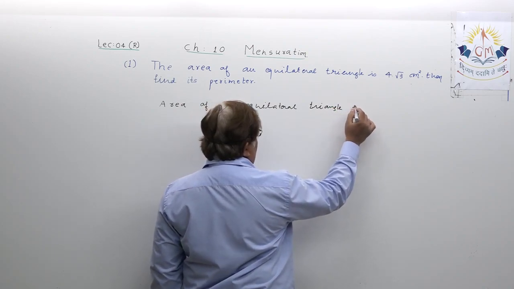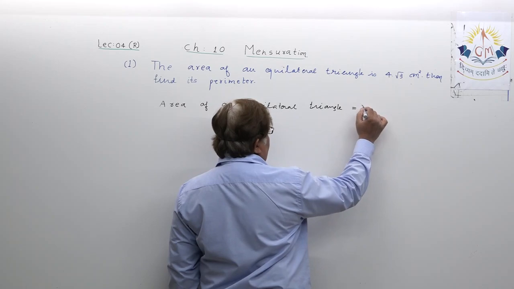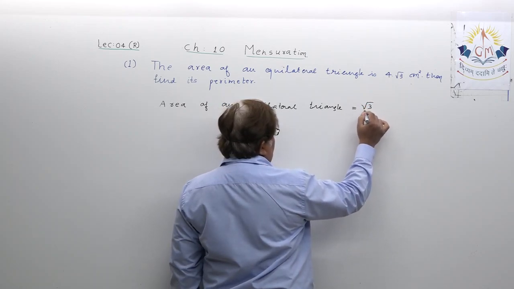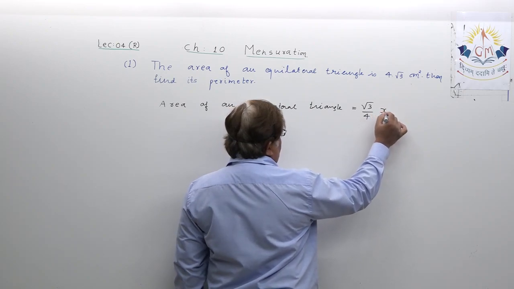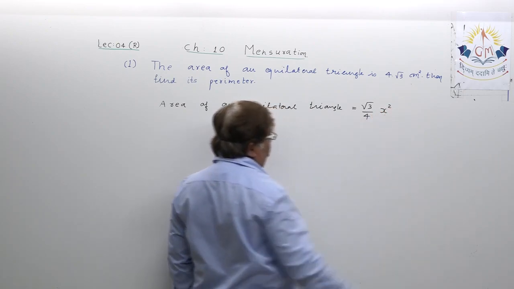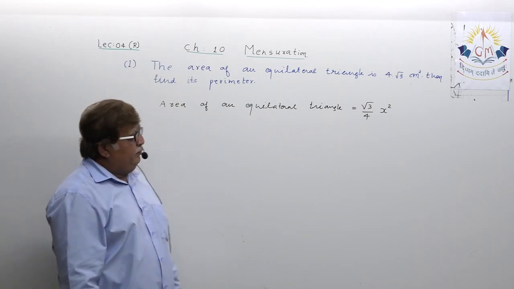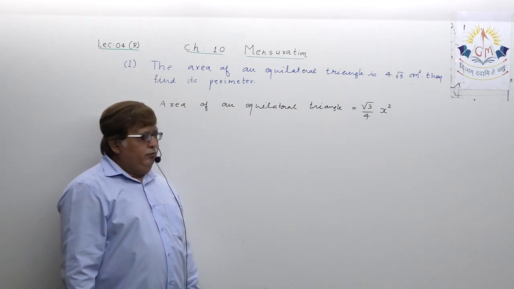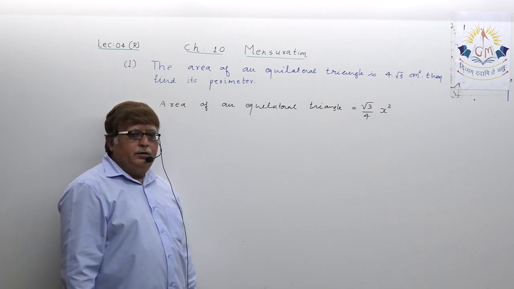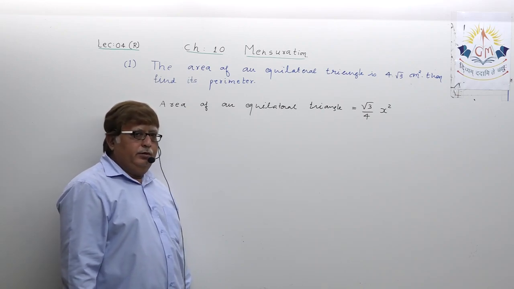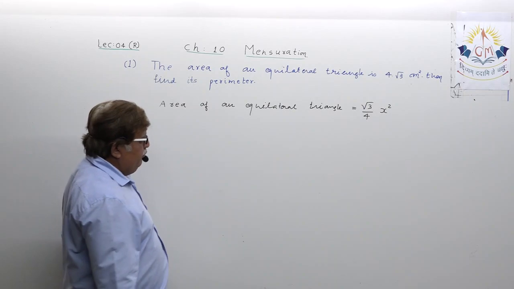What is the formula I told you to remember forever? Under root 3 upon 4 x square, where x is the length of the side. So we have written the formula: area of an equilateral triangle equals under root 3 upon 4 x square.